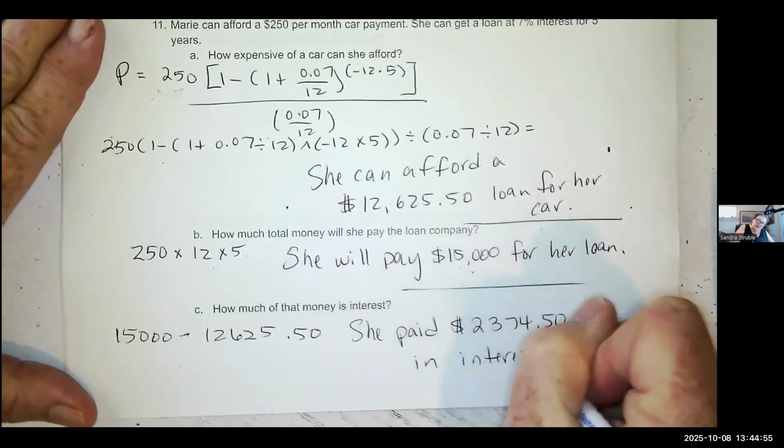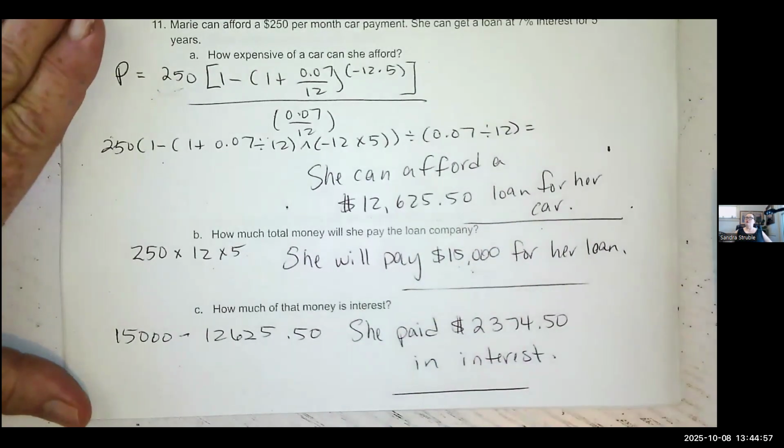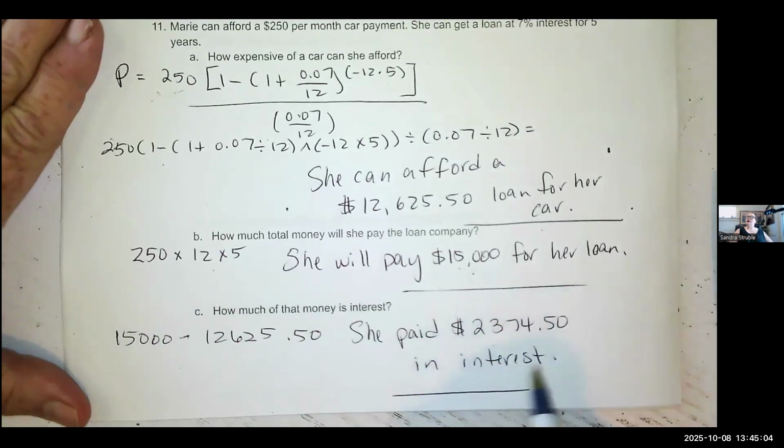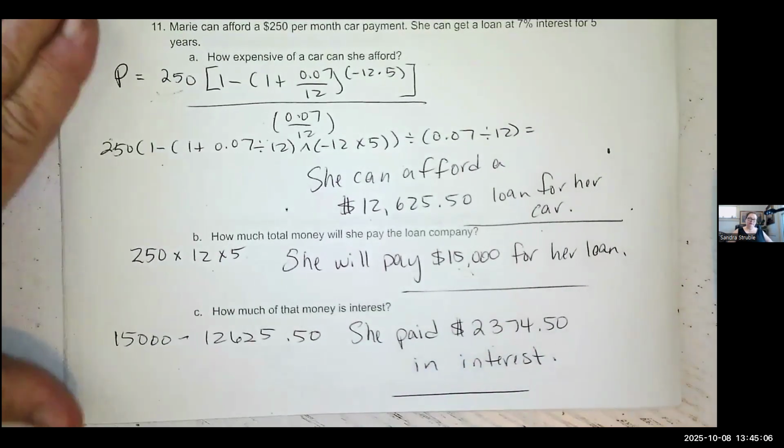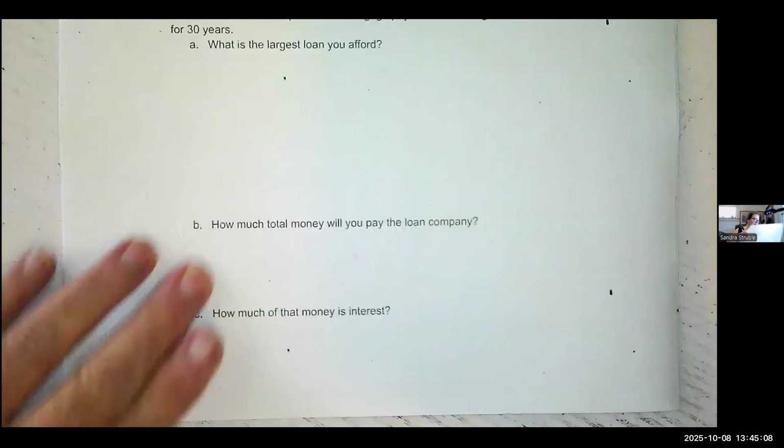This is payment for them loaning you money. If they loaned you money so you could have a car, you have to pay them extra for loaning you the money. That's what's happening here. All right.